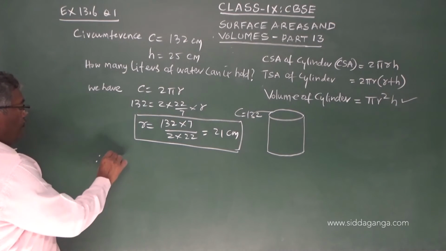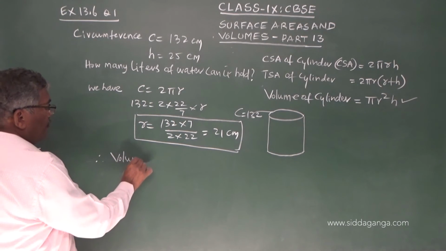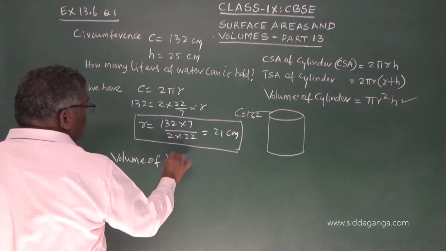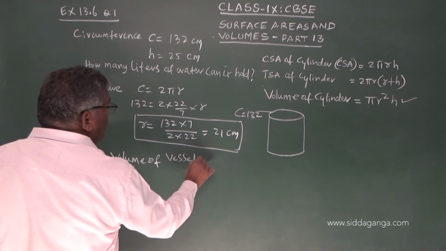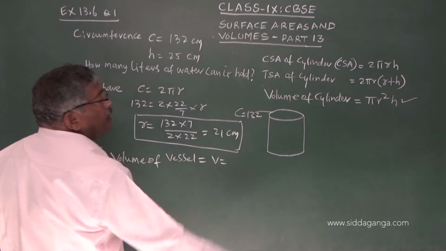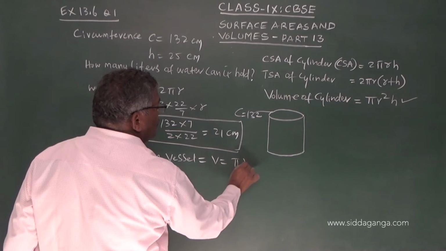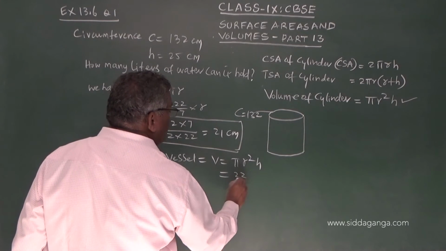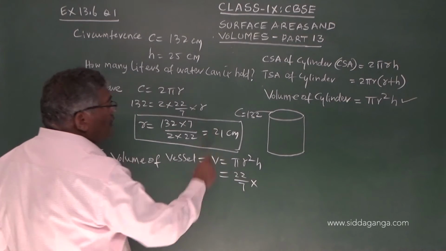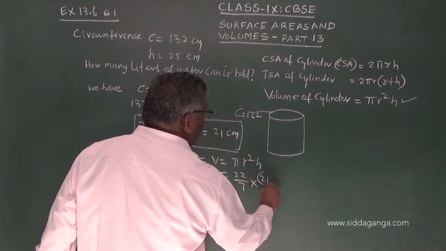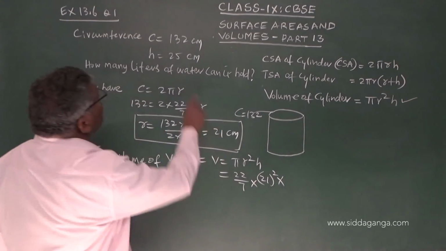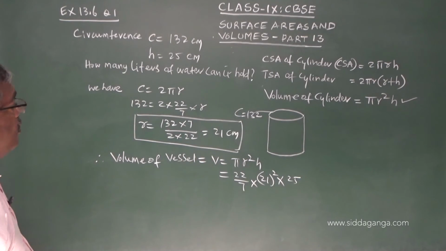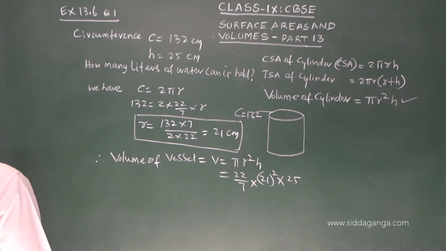Therefore, volume of vessel V equals pi r square h, that equals 22 by 7 into R is 21 square into h is 25, all are in centimeters.